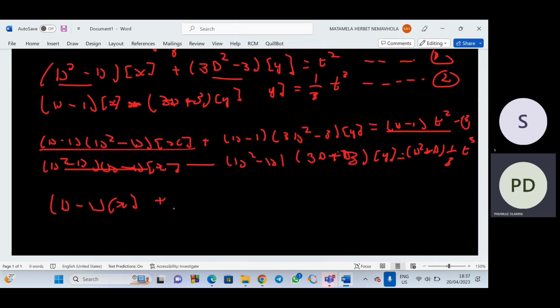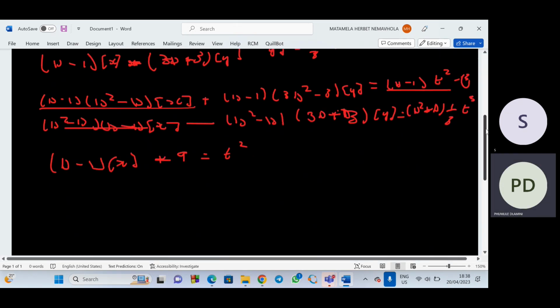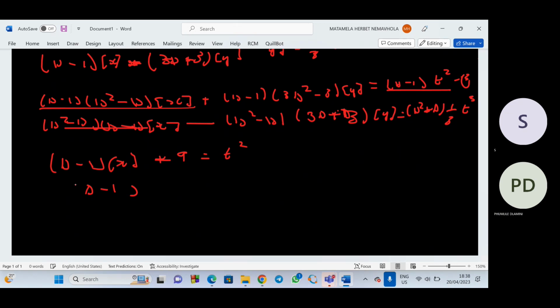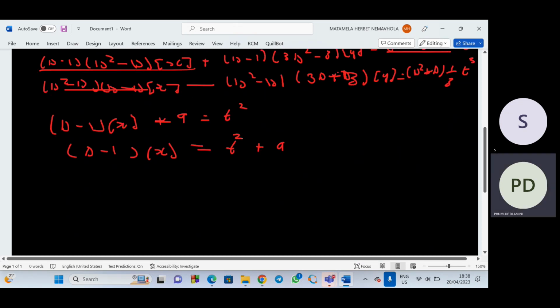It's going to be 0 plus, in brackets, minus 3 times 3 is minus 9, equals t squared. So now we're going to take this d minus 1 of x to be equal to t squared plus 9.